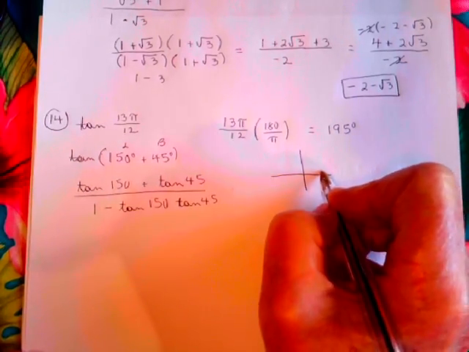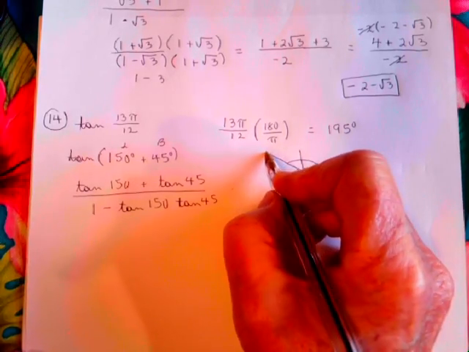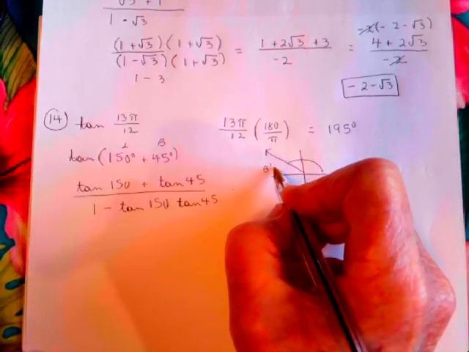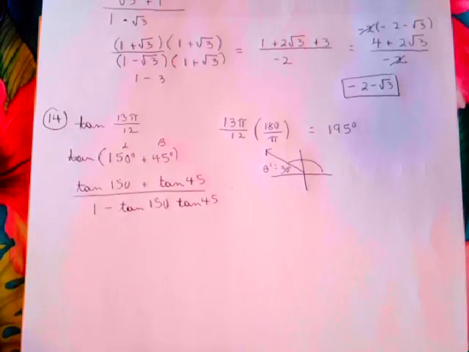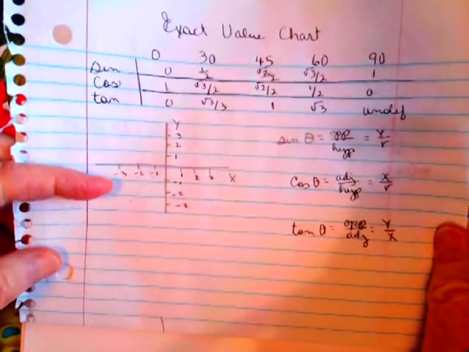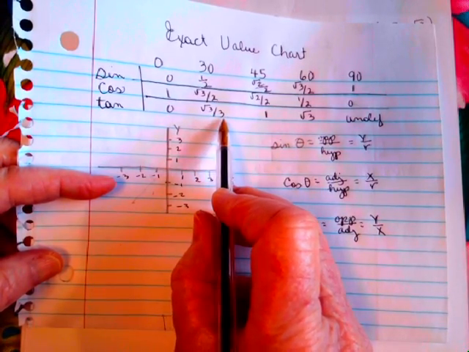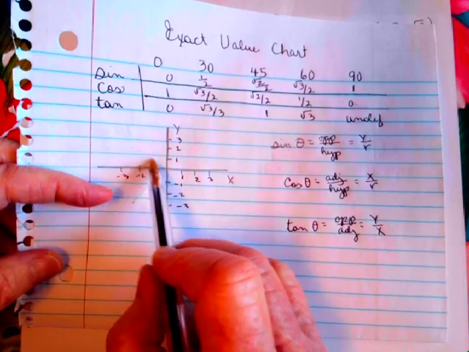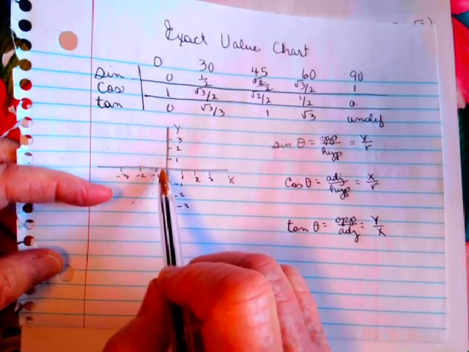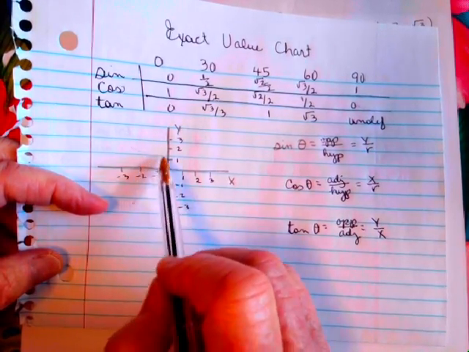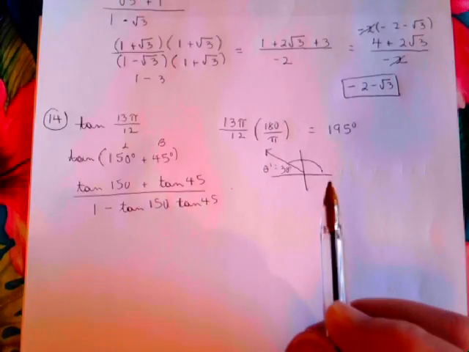150 degrees has terminal side in the second quadrant. Theta prime equals 30 degrees. The tangent of 30 degrees is the square root of 3 over 3. In the second quadrant, it is negative because x is negative and y is positive.